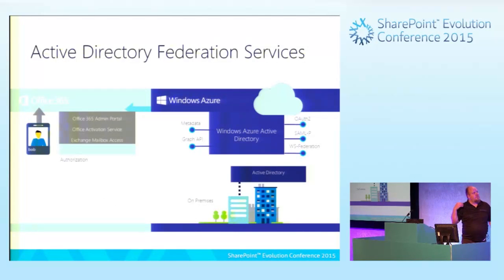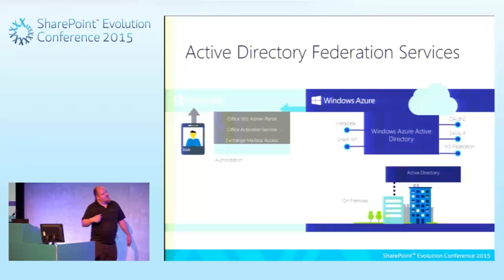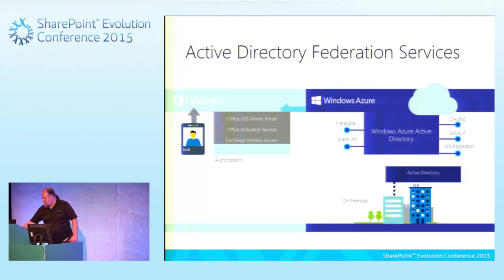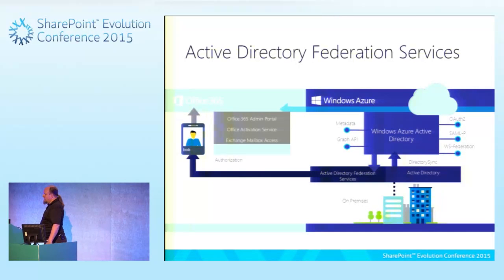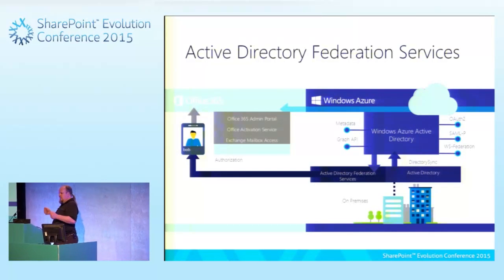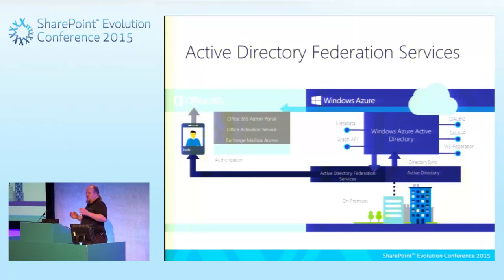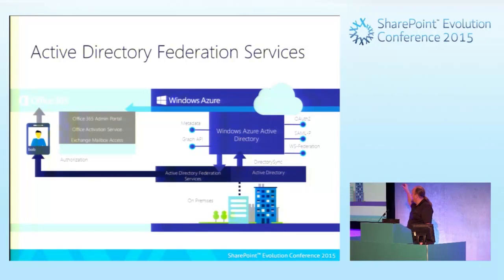So the final piece is using ADFS, where you extend your environment by adding the ADFS infrastructure in place, and then you actually get true single sign-on. You're always authenticating back against your on-premises Active Directory. In the first two cases you're authenticating against Azure Active Directory, but in the ADFS scenario, authentication is against your on-premises environment.